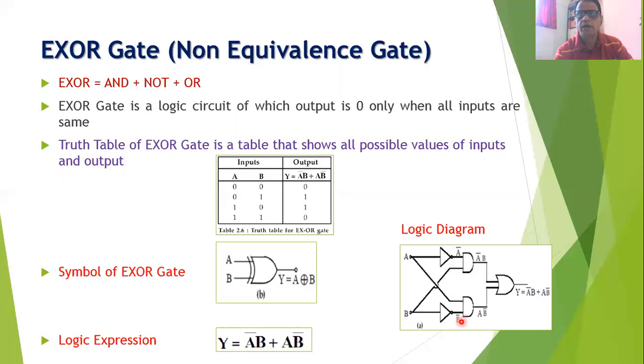This B bar is also connected to another AND gate, to which we have also connected the input A. And therefore the output of this second AND gate is A B bar. And then finally, we connect the output of both the AND gates to an OR gate. And therefore the output of the OR gate is equal to A bar B plus A B bar. That is A plus circle B, or A exclusive OR B. So when you construct the circuit as shown in the diagram, then what you are actually doing is constructing the exclusive OR gate.